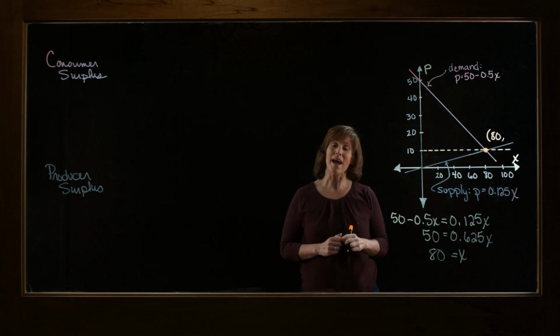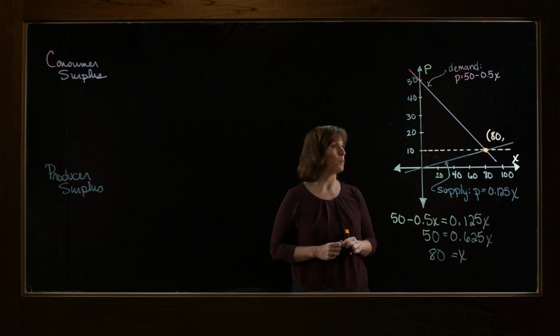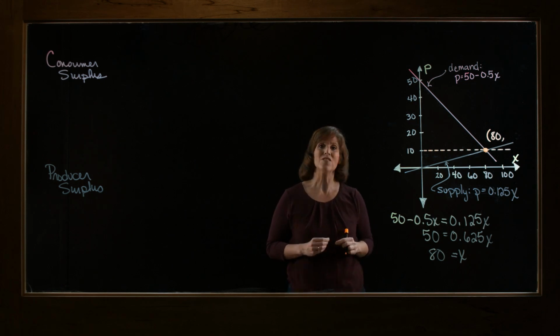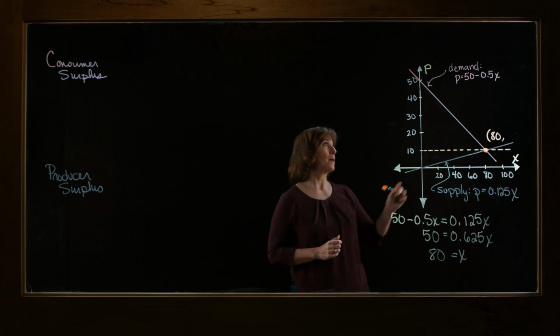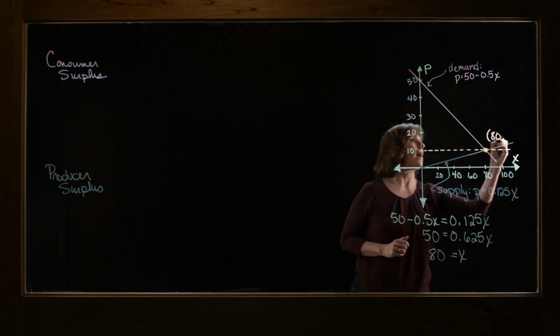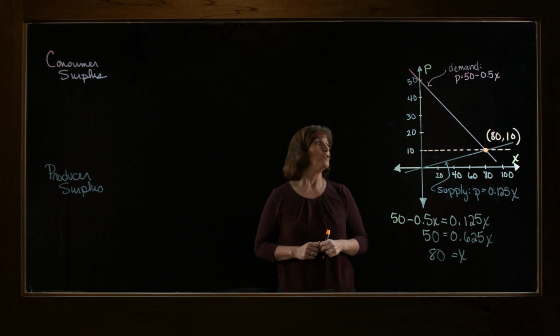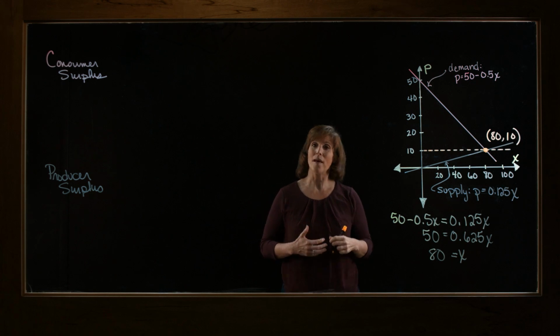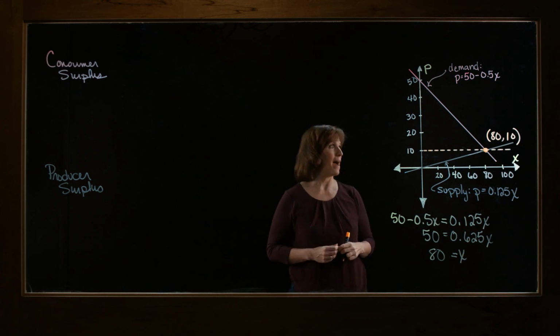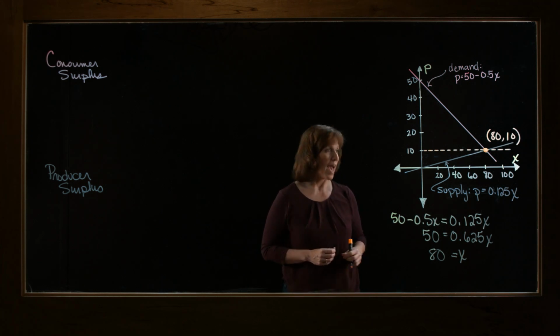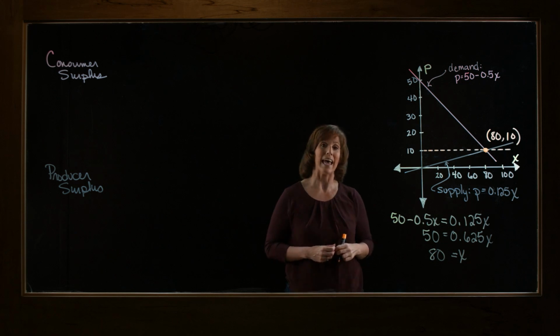To get the price at that equilibrium point, I can plug it into either one of those equations. And if I plug 80 into either one, I'm going to end up with a y-coordinate of 10. So the market price, or what we want to sell our item at, is going to be $10. And if we do that, we should be able to sell 80 units.